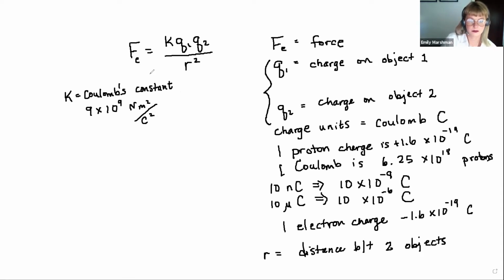Okay. So if I plotted the force versus the charge, or the force versus the distance between them, I could calculate the slope of that line, and the slope of that line would be equal to k, Coulomb's constant. It just tells us the proportionality between all these.